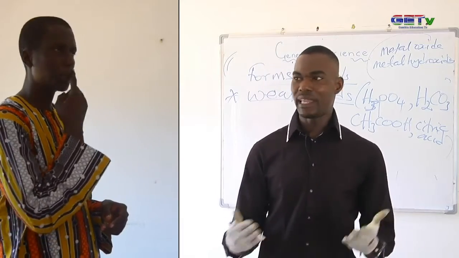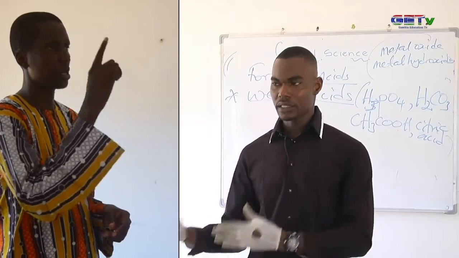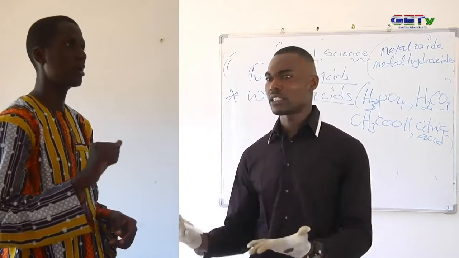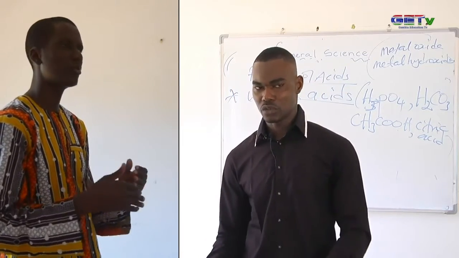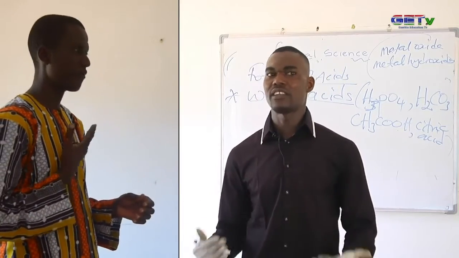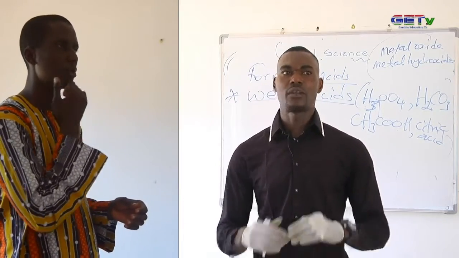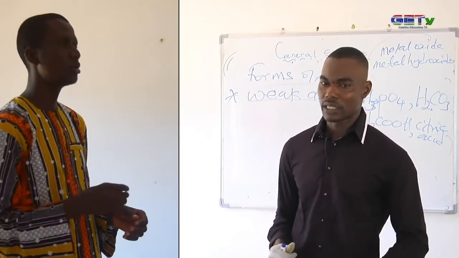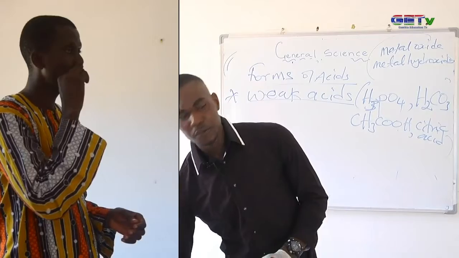Weak acids have pH values of 3 to 6. Three, strong acids have a high concentration of hydrogen ions. Weak acids have a low concentration of hydrogen ions. And know their examples as well, please. I hope those points are very clear. Let's move on now.